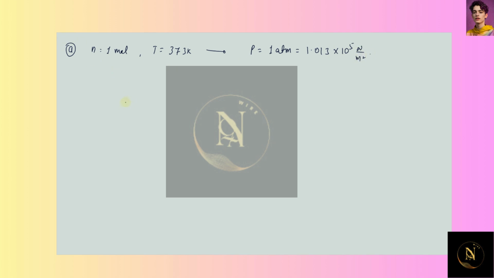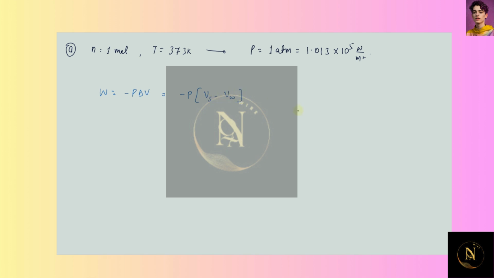Since the pressure is given as constant, the process is happening at constant pressure. That means to calculate work done, we can use the formula for a constant pressure process. So W will be equal to minus P delta V. P will remain as it is, and delta V is V of steam minus V of water.